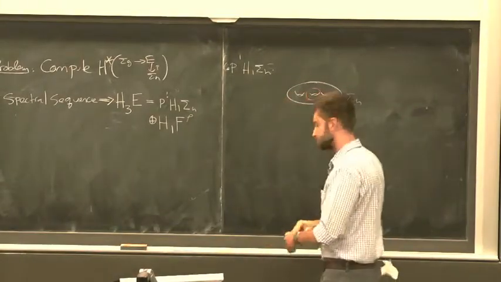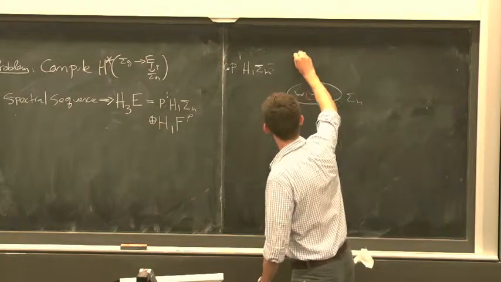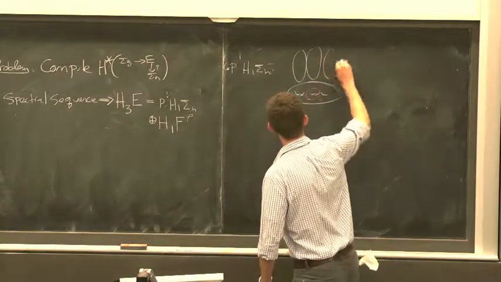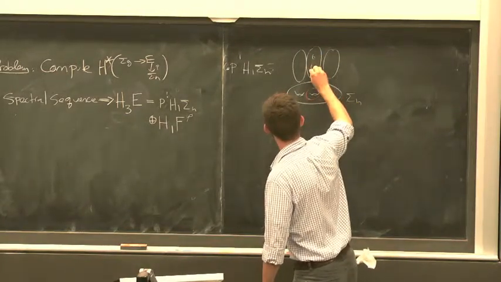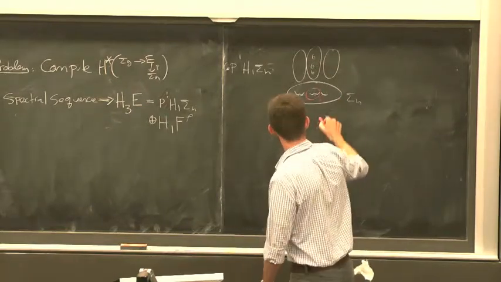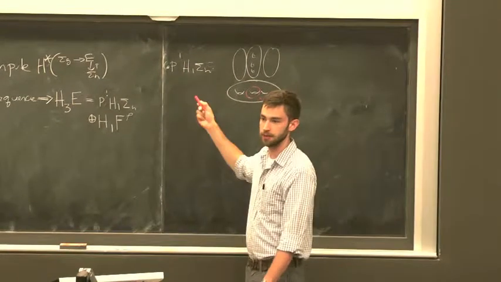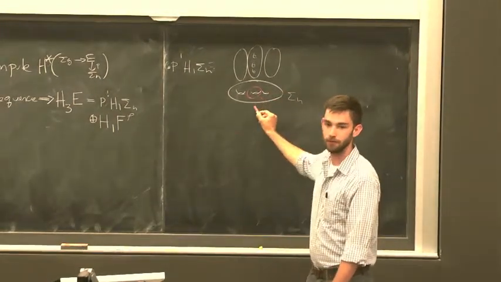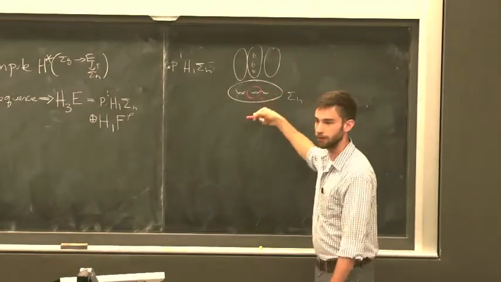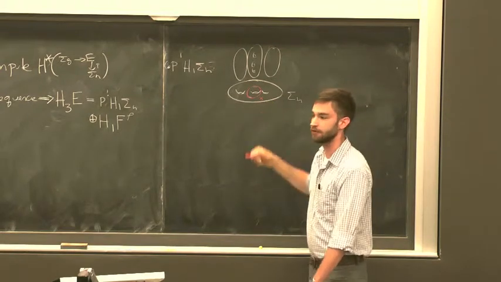Here's some class X. Sitting over this, I have some fibers, and all I do in computing this Gysin homomorphism is take the induced bundle over some representative submanifold for this.